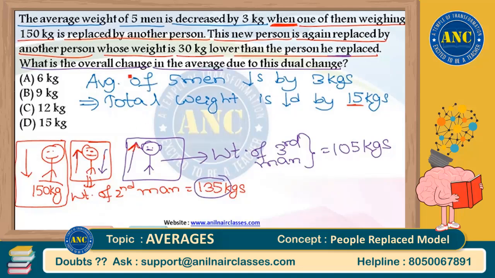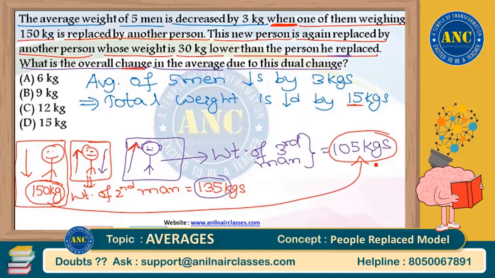Starting, overall change is what they are asking. Starting, the person who was there was 150 kgs. Now the person who is there is 105 kgs. That means there is a drop of 45 kgs overall.